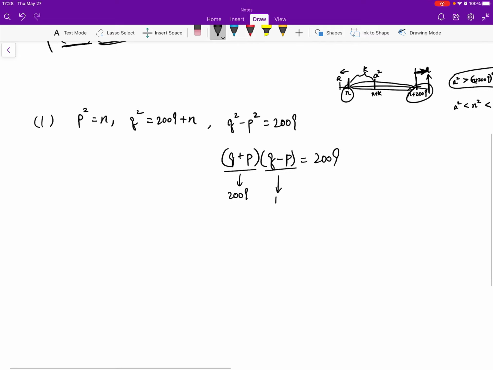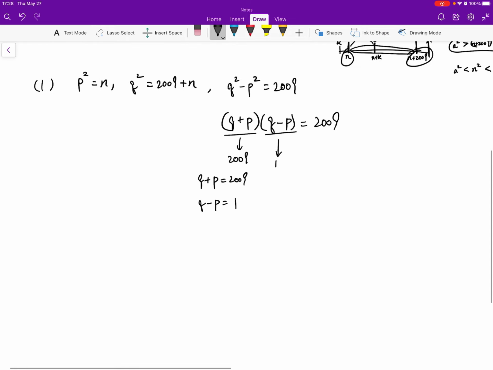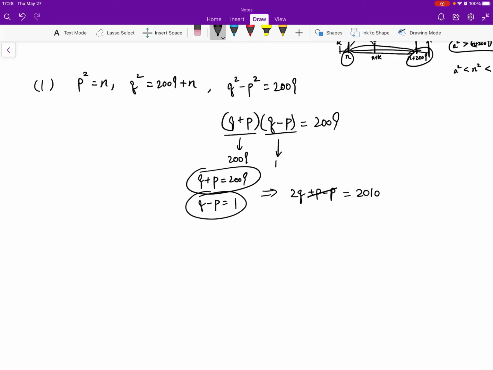Through that you get q plus p equals 2009, q minus p equals 1. If you add both of these equations together, p minus p just cancels out, 2q equals 2010, getting that q equals 1005.